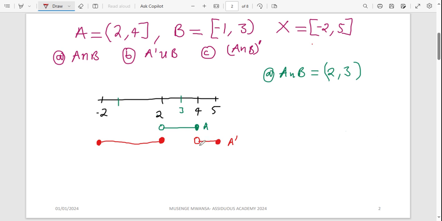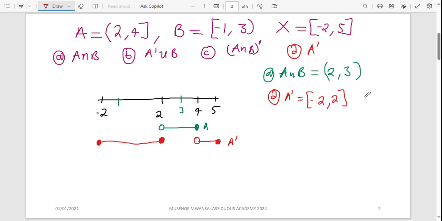If they said, let's say we had the question D, find A complement. It means that the answer for that question D, A complement, is going to be, you can see we are starting at negative 2, we go all the way up to positive 2. But at negative 2, it is closed. At 2, it is also closed. And then we are pausing and then we are skipping.